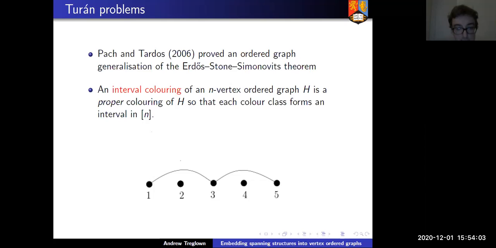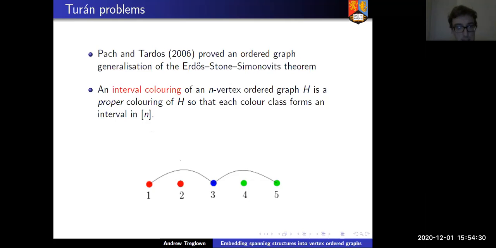Okay, so here's a very simple example of an ordered graph with just two edges. This is an interval coloring using three colors, because the red class is an interval 1, 2, the blue class is trivially an interval, and 4, 5 induces an interval, and again it's a proper coloring.